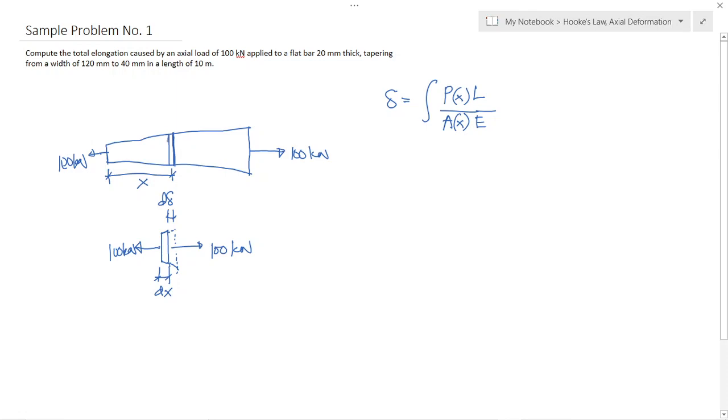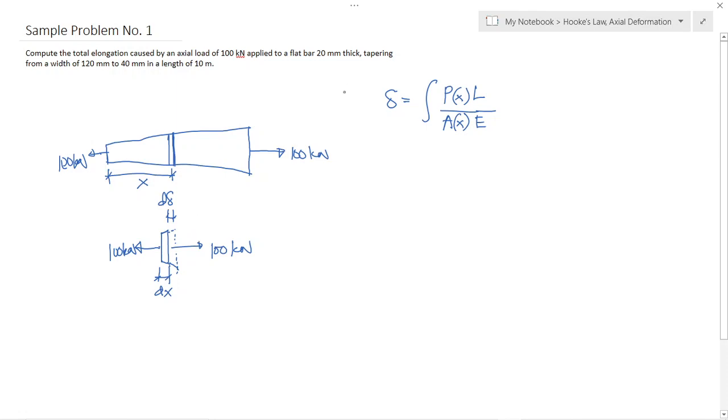Kinukonsider lang natin class itong element na to ha. Kasi, kukunin natin yung ito. Kinukonsider natin siyang length dx, tapos d of delta. So, ibig sabihin, yan lang yung deformation nitong segment na ito or nitong element na ito. So, ano pa yung mga kailangan natin?